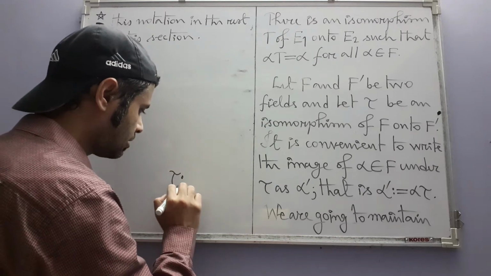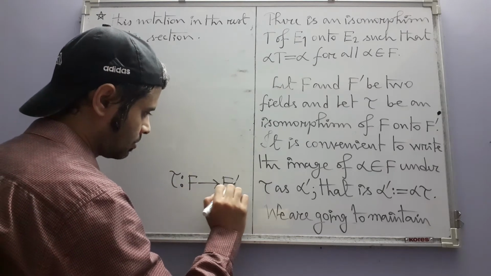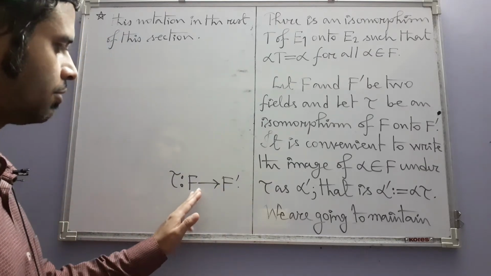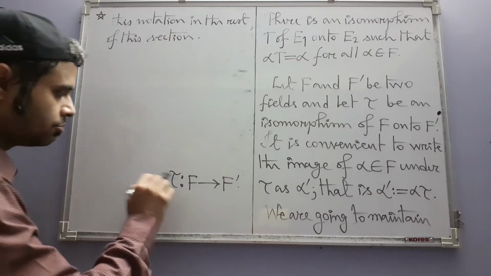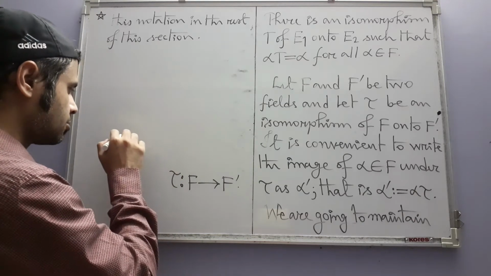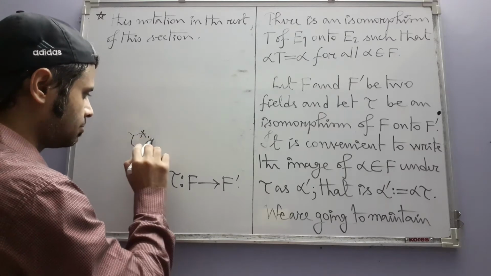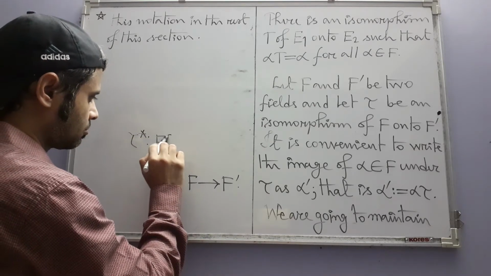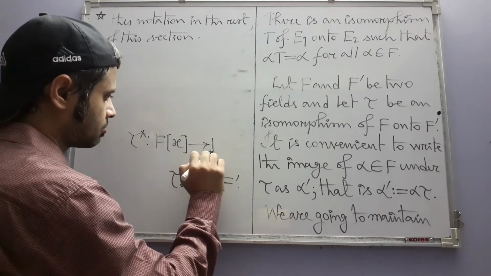Now the situation is this, right? Tau is an isomorphism of the field F onto F prime. Now can we use this tau to set up an isomorphism, say tau star, between these polynomial rings?